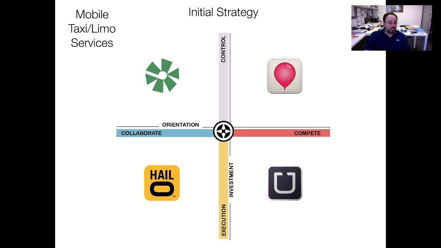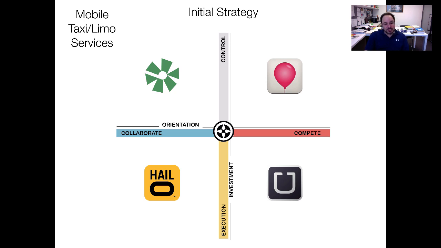If we pop right down to the bottom left-hand corner, we get Hailo. Hailo, they were all about providing an app and services for existing taxi and limo services. No one else. To do effectively what Uber and Lyft were doing.